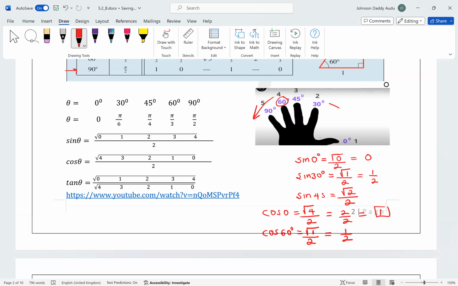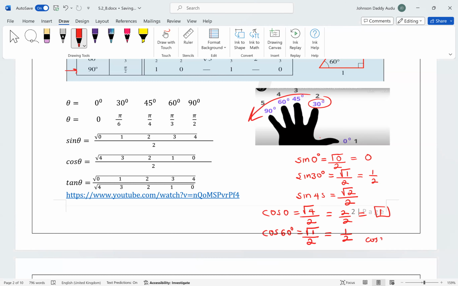Let's add one more. Let's add cosine 30, right? For cosine 30, this is 30 degree. It means we have to go this way. So you will see that cosine 30 is nothing but what? Let me do it here.